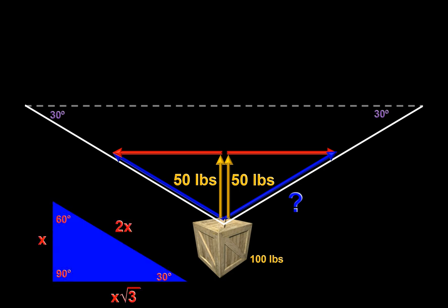Now, this is a 30, 60, 90 triangle. Again, there's a lovely little geometry rule there that you can figure out. So you actually do end up being 100 pounds because of that lovely rule.